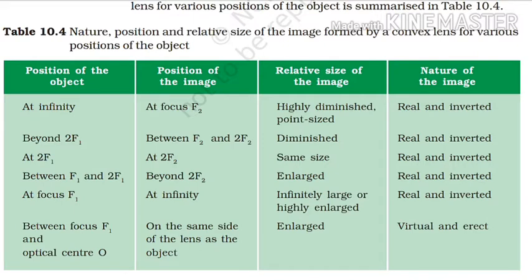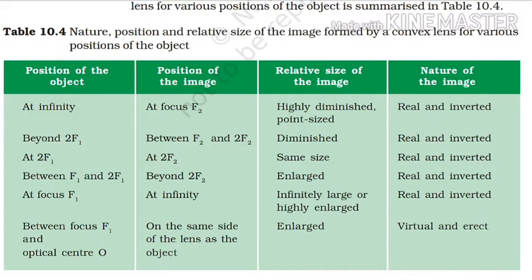If the object is placed between focus and twice the focal length, that is between F1 and 2F1, the image formed by the convex lens is beyond 2F2, the size of the image is enlarged, larger than the object, and the nature is real and inverted. In the fifth case, if the object is placed at focus, the image is formed at infinity, the relative size is infinitely large or highly enlarged, and the nature is real and inverted.